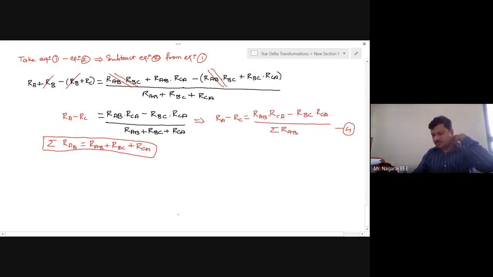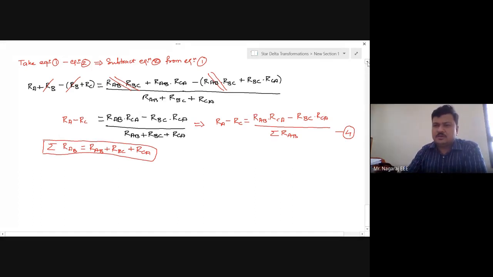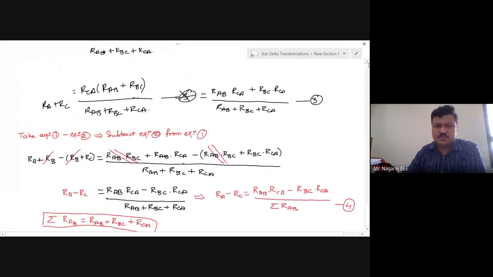Taking this as equation 4. Okay, so now I have an equation. If you observe equation 4 and equation 3, both LHS are having RA and RC. Equation 3 is RA plus RC. Equation 4 is RA minus RC.